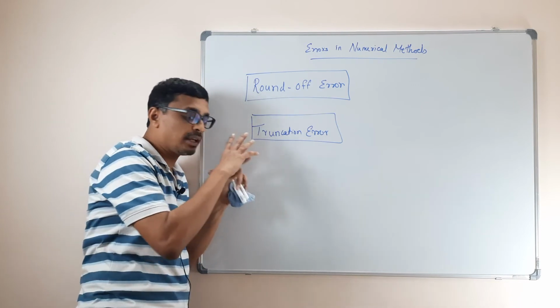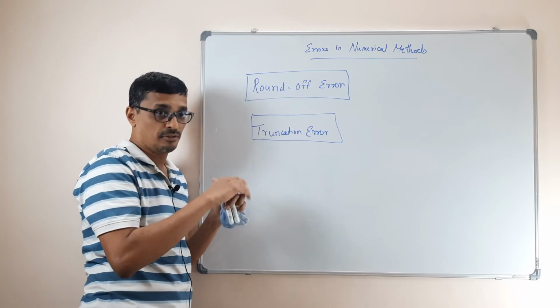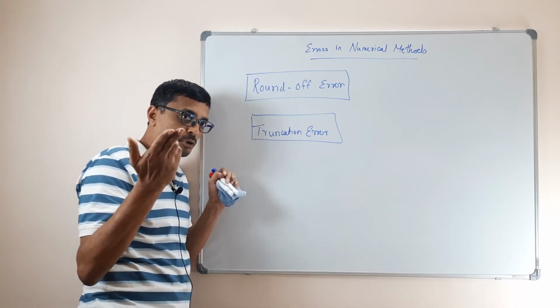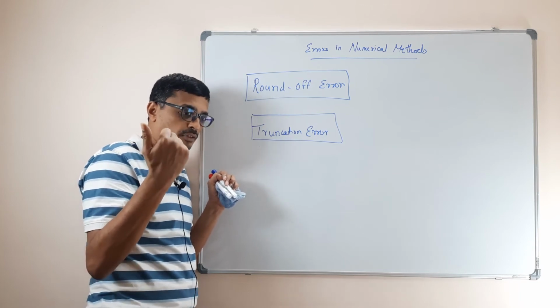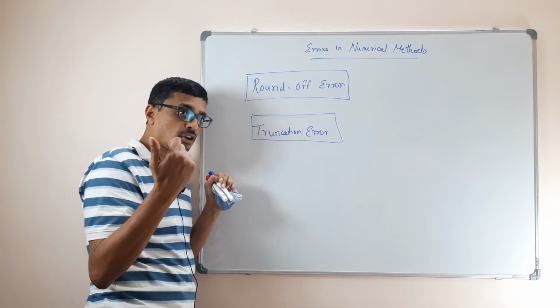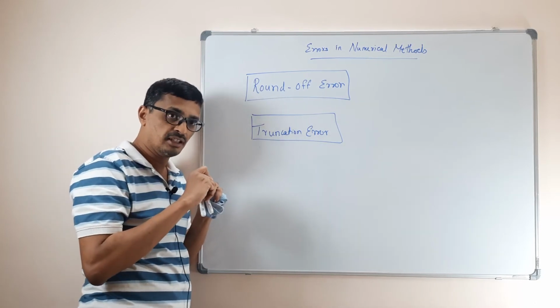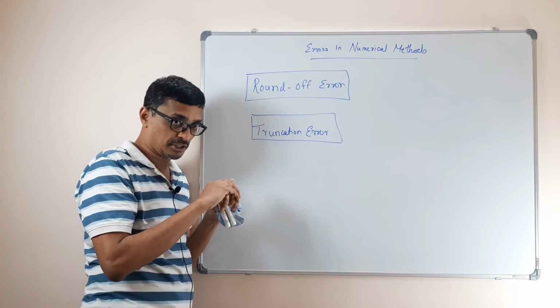That gives rise to an error called the truncation error. For example, Nilay did it in the program: if you want to write a program to find the cos of a function, you use the series expansion for the cos function, and then you find the cos of the function, right?